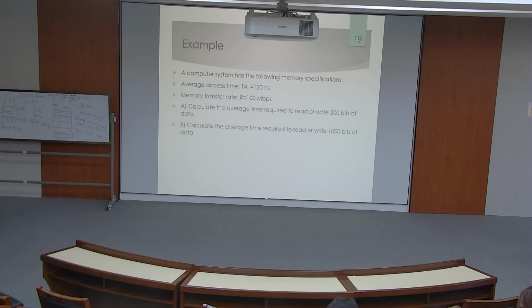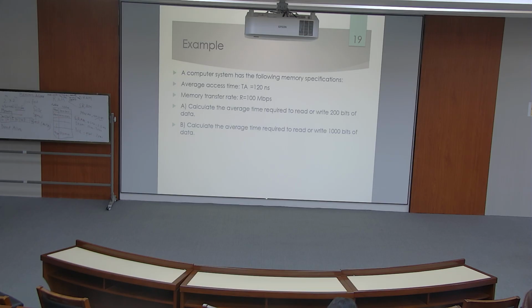We have a simple example here. A computer system has the following memory specification. We have the memory access time, Ta, which is 120 nanoseconds. Then we have the memory transfer rate, R, which is 100 megabits per second. We need to find the average time required to read or write 200 bits of data.